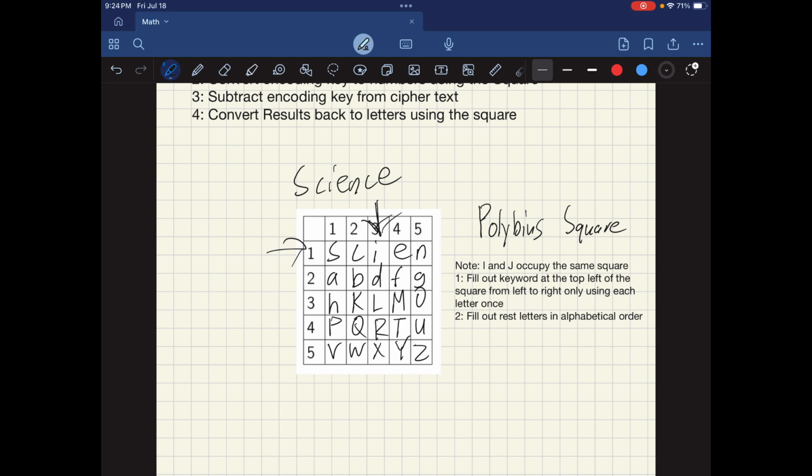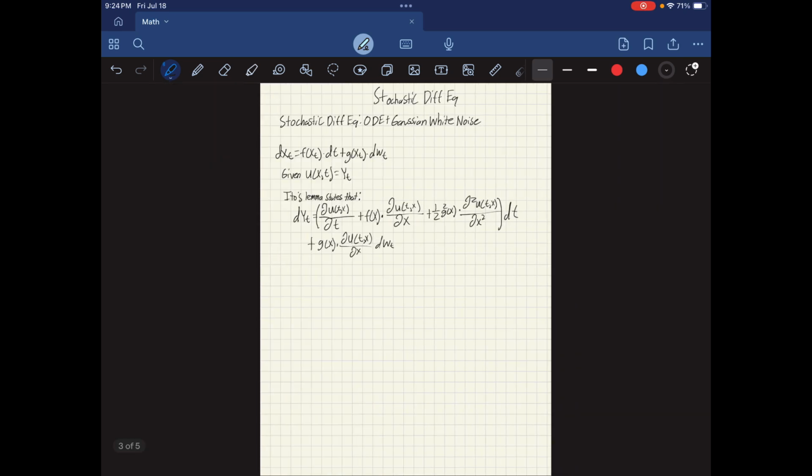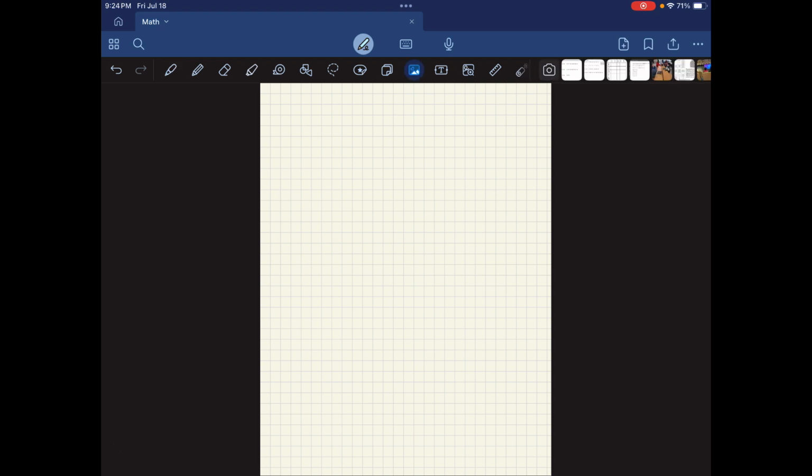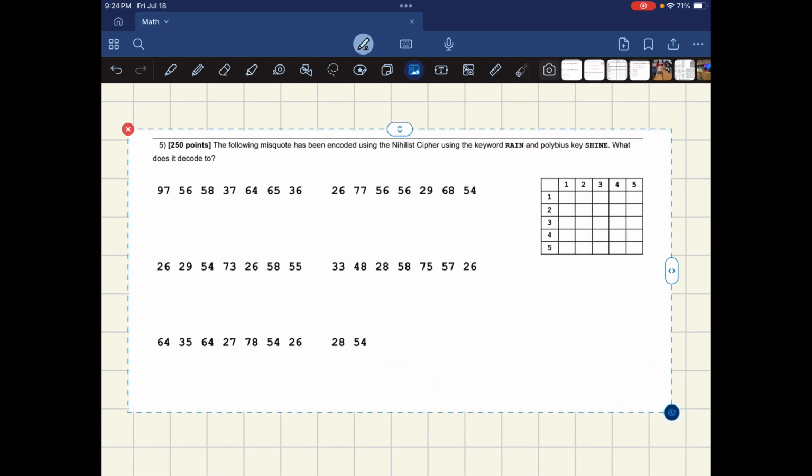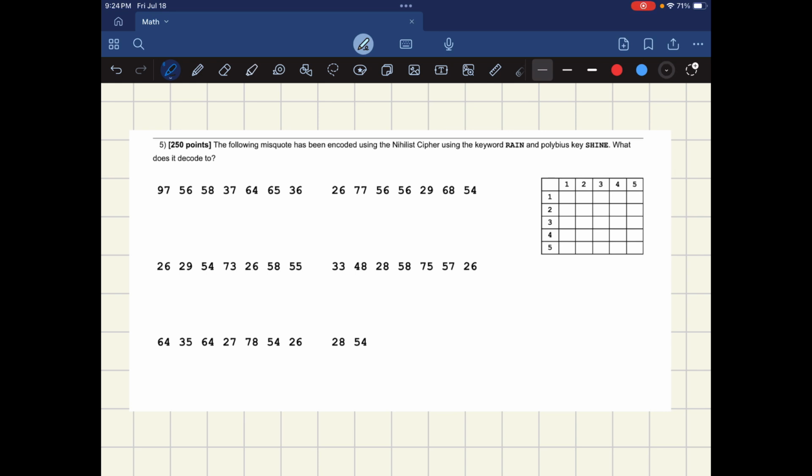All right, so now we're going to go through an example of how to solve a Nihilist cipher. So let me just pull out the problem here. In this question, we're asked to decode this Nihilist cipher with the keyword of rain and the Polybius key of shine.